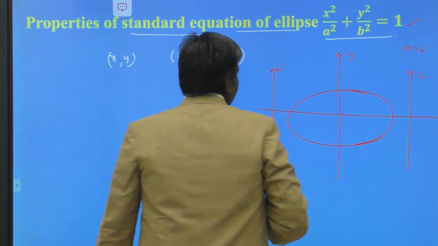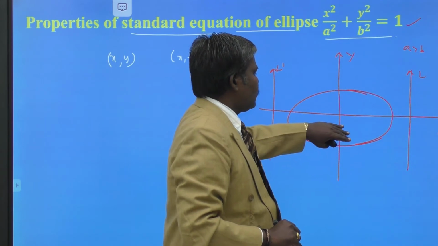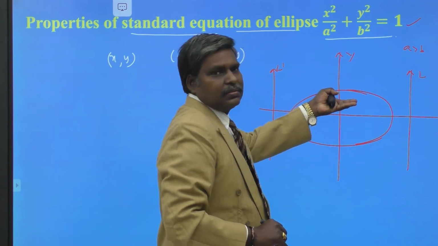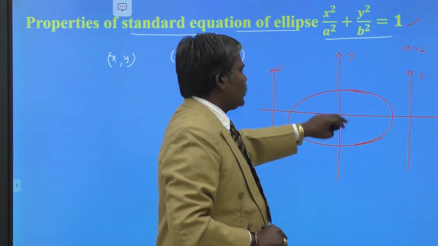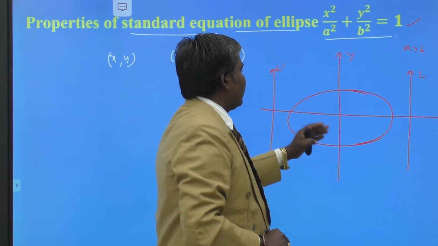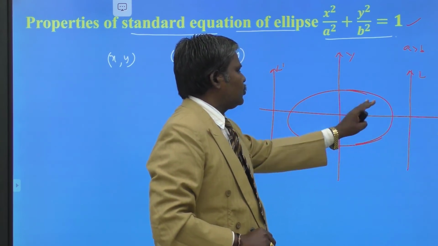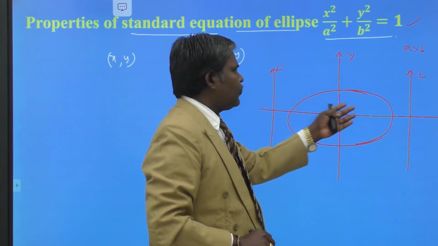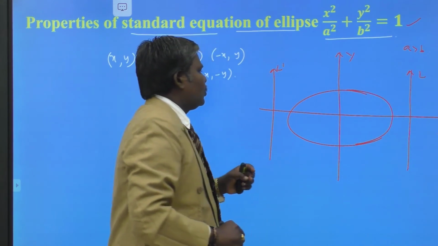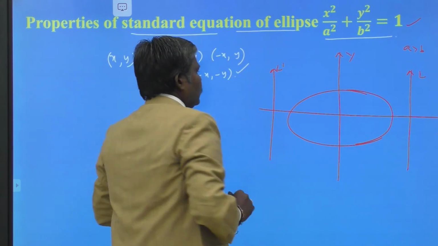Therefore, your curve is symmetric about both x and y axis. If you fold the curve with respect to the x axis, the two halves coincide. If you fold it with respect to the y axis also, the two halves coincide. This is the first thing.